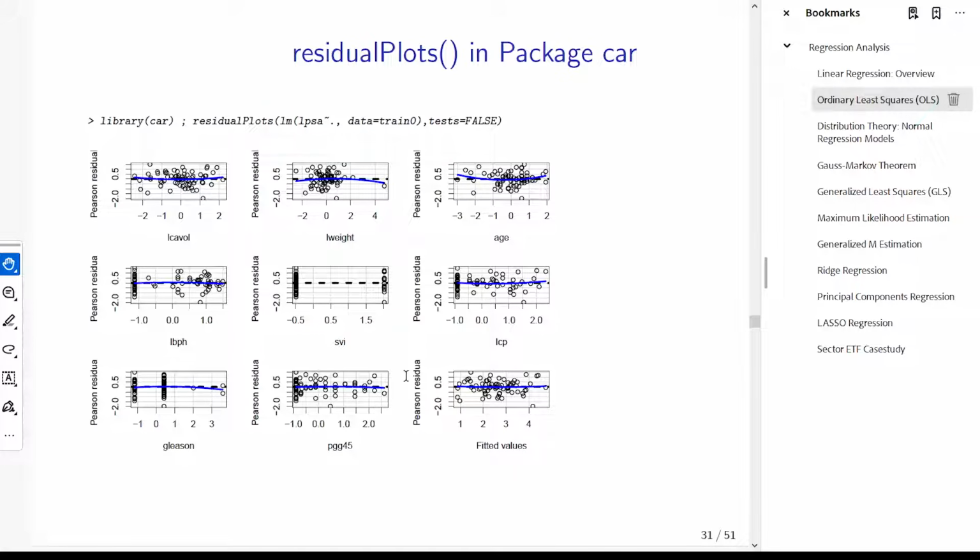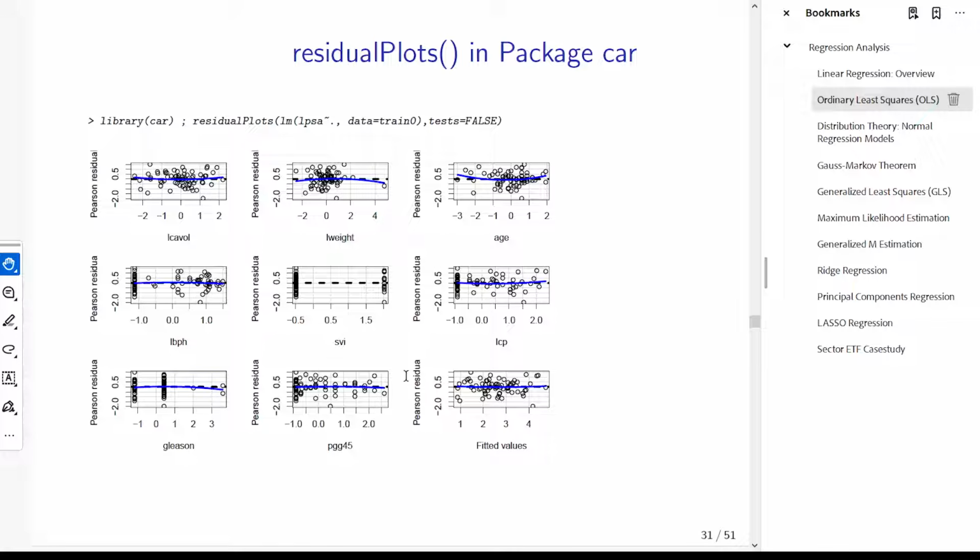Let's see, this residual plots function is actually a function that looks at the sensitivity of our linear regression model to potential nonlinearity in the model dependence on independent factors.